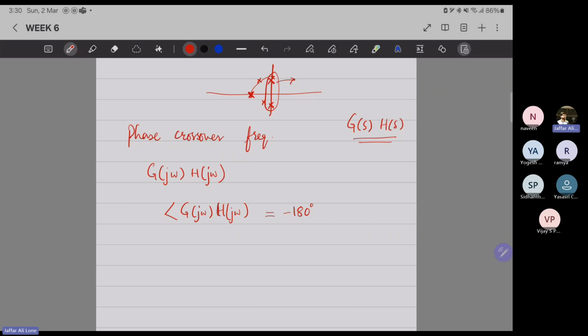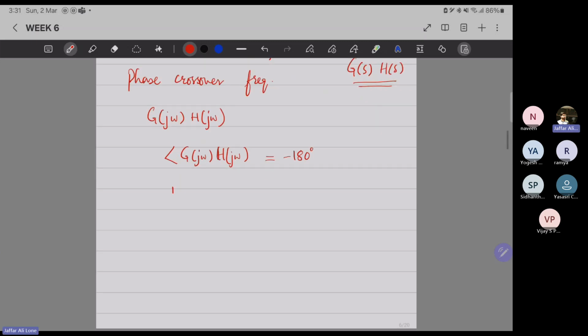Please remember it because the questions will be based on this. So I'm again repeating. The frequency at which my phase angle is 180 degrees or negative 180 degrees is called phase crossover frequency, and mathematically it's written like this, right?